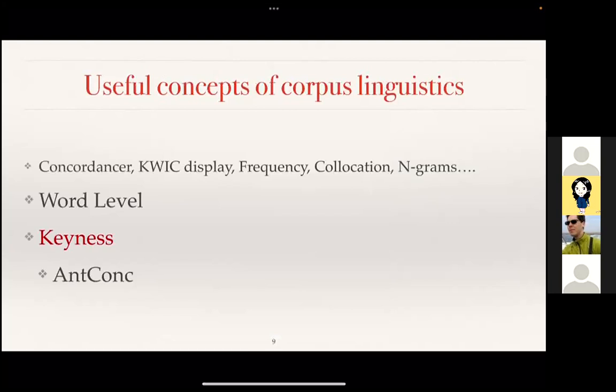So here the idea of keyness comes in. This concept is used to show the characteristic vocabulary of a text.